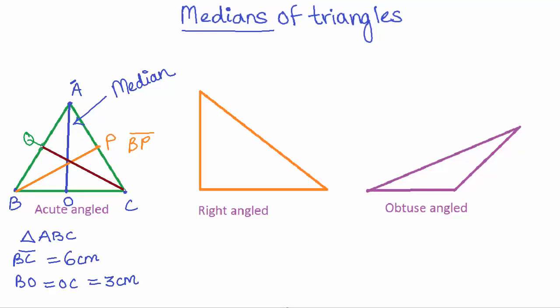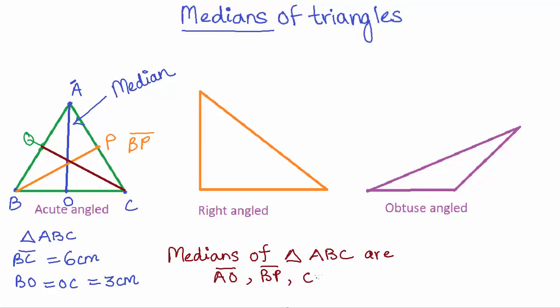So in this case we have three medians, and the medians of triangle ABC are the line segments AO, BP and CQ. So there are these three medians of a triangle.